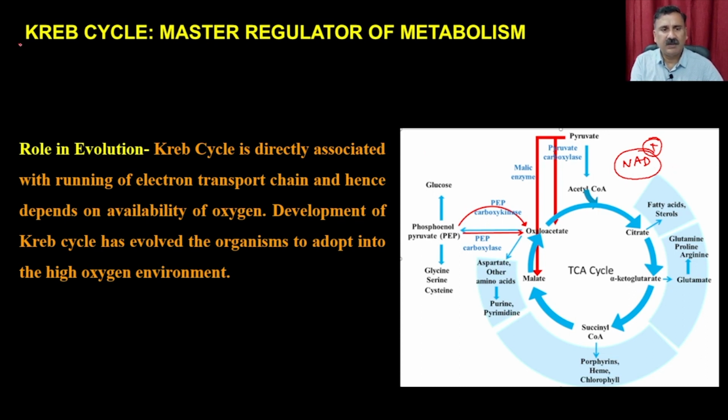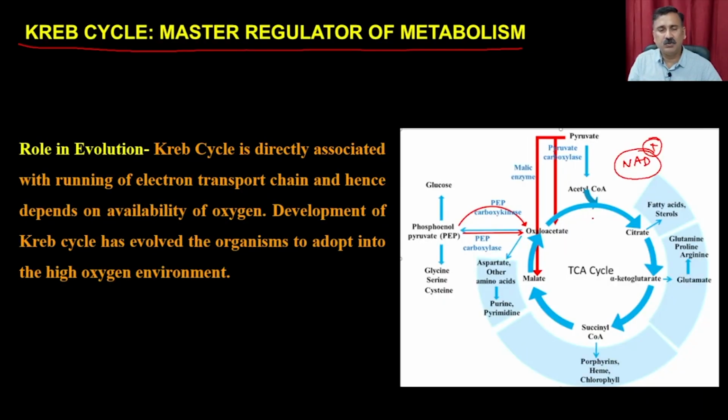Apart from being a master regulator of metabolism, the Krebs cycle also plays a very crucial role in evolution, because evolutionarily the Krebs cycle was not present in lower organisms such as bacteria.